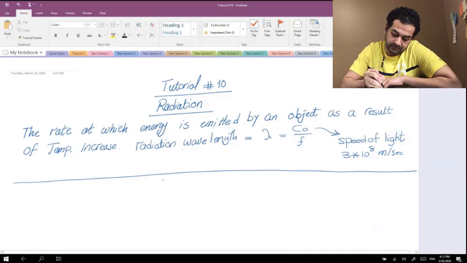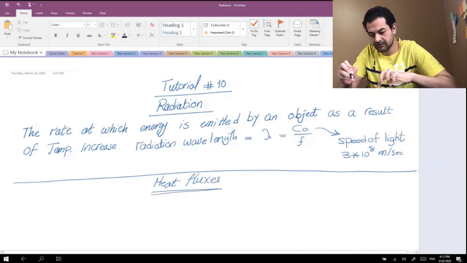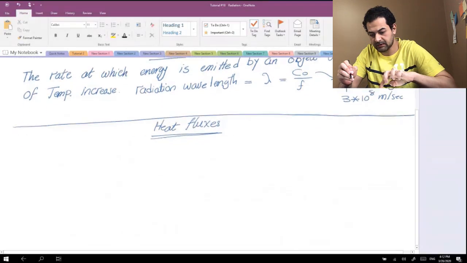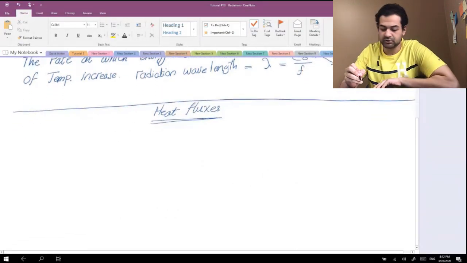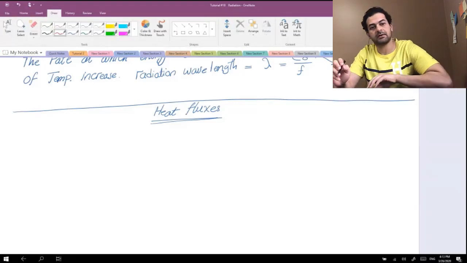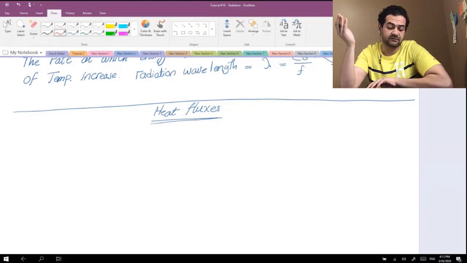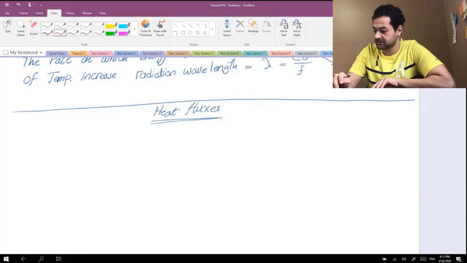We're going to start with the heat fluxes, and I will be doing an energy balance to show you how many heats are going to be involved in this energy balance, and the types of different radiations.